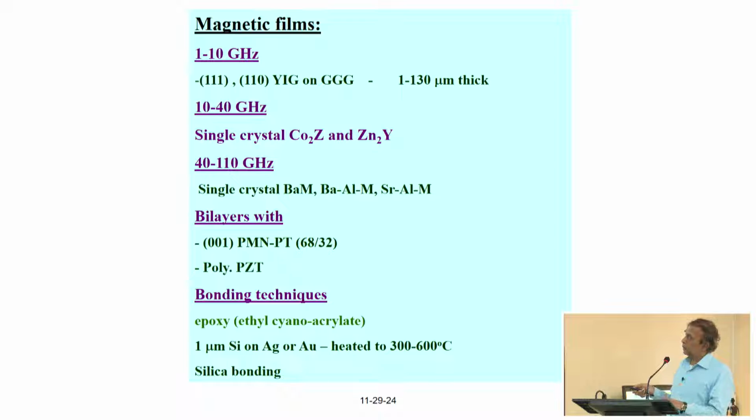And then barium and strontium ferrite, and also aluminum substituted barium and strontium ferrite. These single crystals are bulk single crystals. They are made by the floating zone technique.